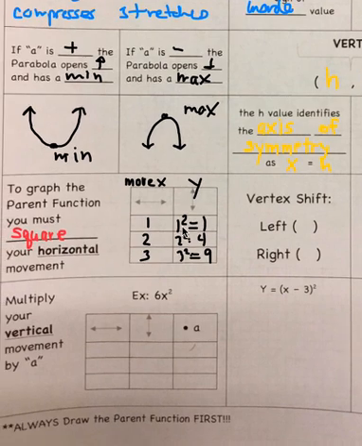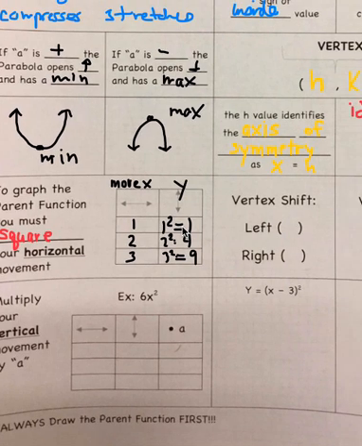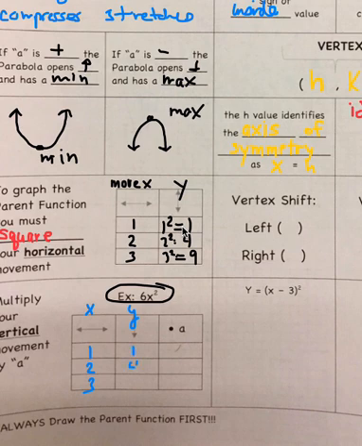And when we have an a value, like here, we have 6x squared, we have to multiply your vertical movement by a. So here's x and y. This part is going to always be the same. It's going to be 1, 2, 3, 1 squared, 2 squared, 3 squared.